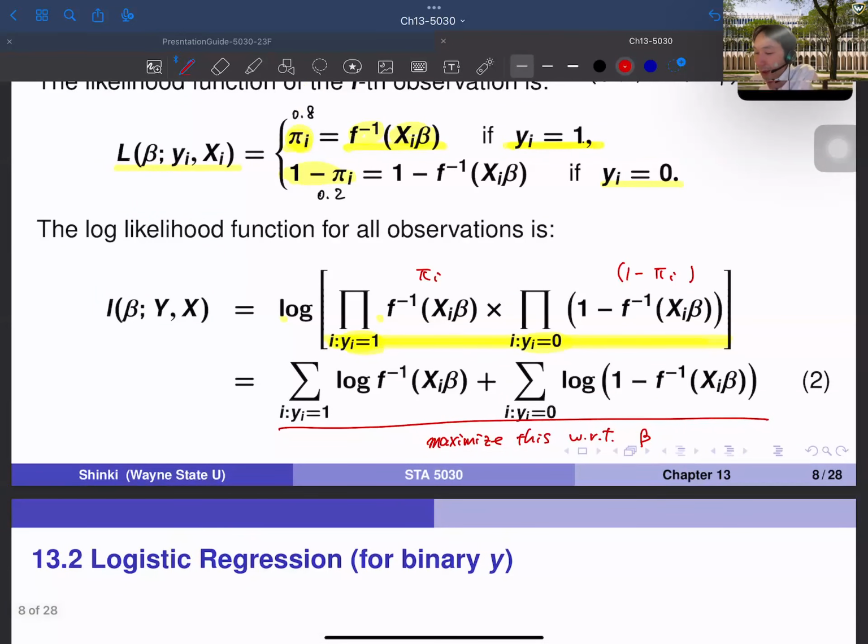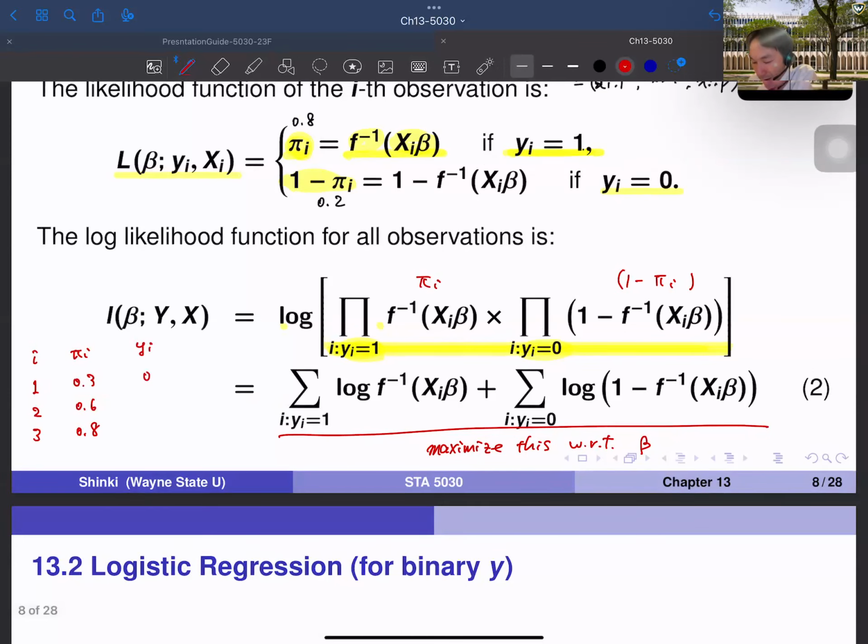Okay, so if we have multiple observations, for example i equal to 1, 2, 3, in reality we have hundreds of observations, but suppose we only have 3 observations, and the pi_i are 0.3, 0.6 and 0.8, and our actual observations are, for example, 0, 0 and 1. Then the likelihood is 0.7, right?